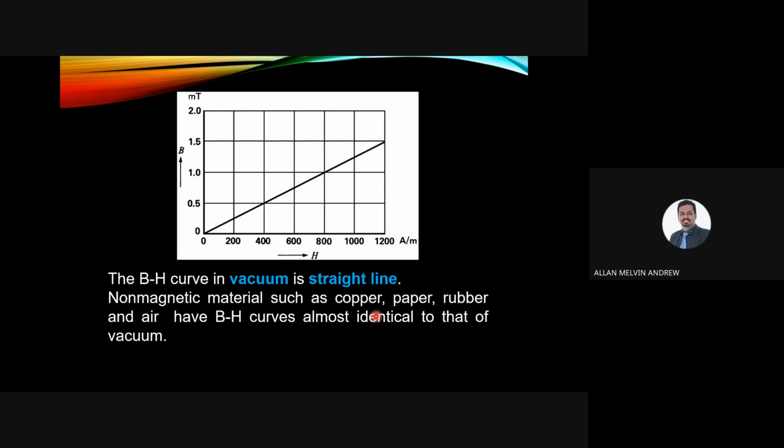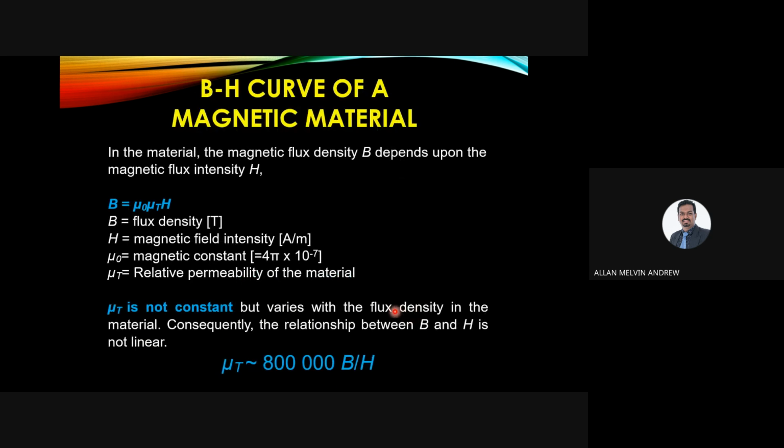So there are some materials which possess an almost linear curve, similar to that in vacuum. Now we see the BH curve of a magnetic material. Some of the materials that we commonly use in this world experience some influence from gravity.